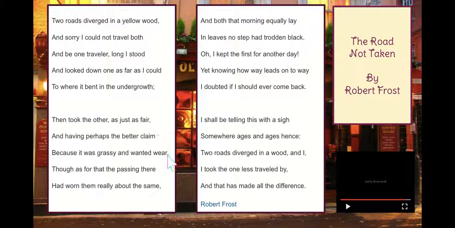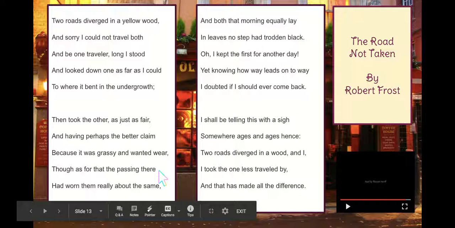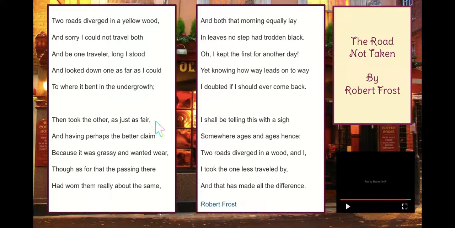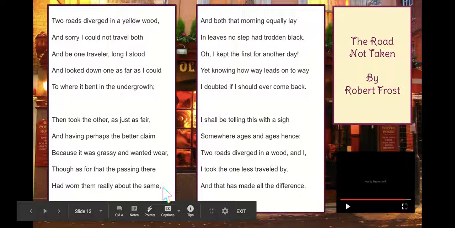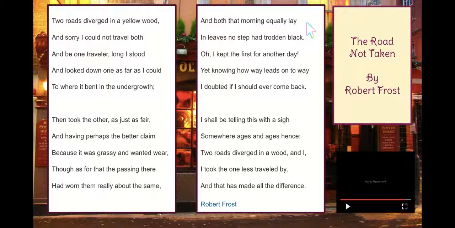There rhymes with where and there, so those are the A's, and then claim and same rhyme. So let's see if it's the same pattern. This would be A, B, A, B. So you can see the rhyme scheme continues. In the third stanza, lay, day, and way are the A's, and then black and back are the B's.